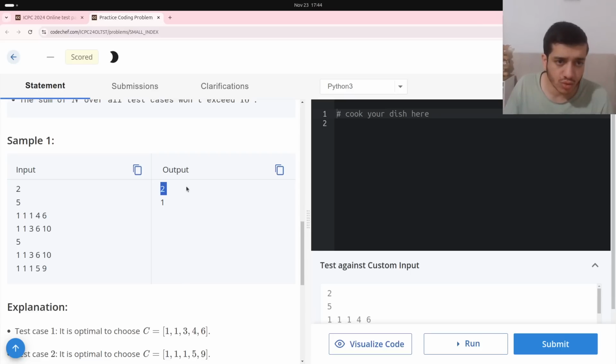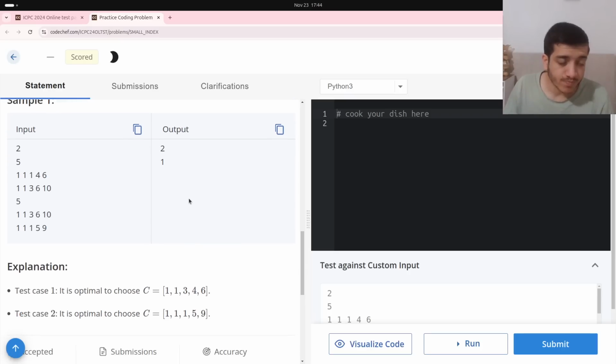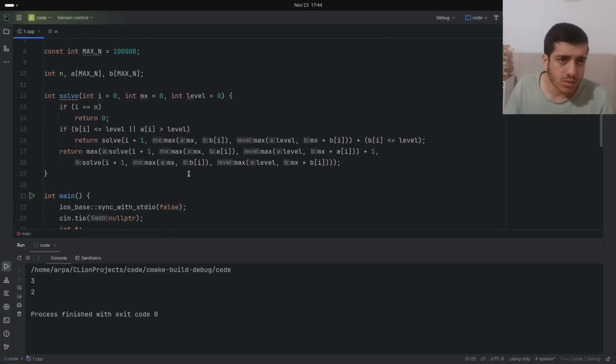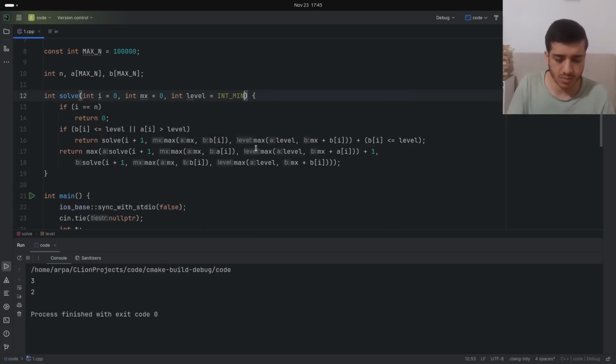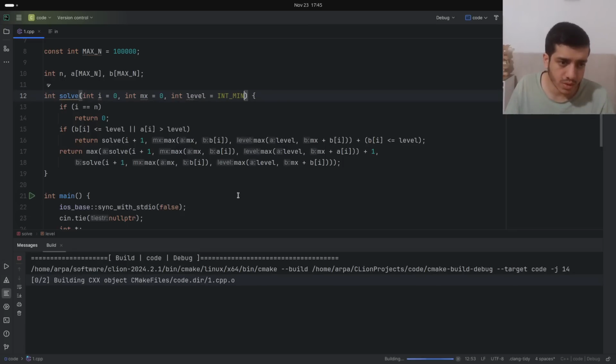Three and 2. What? Why? I think that we fixed it.